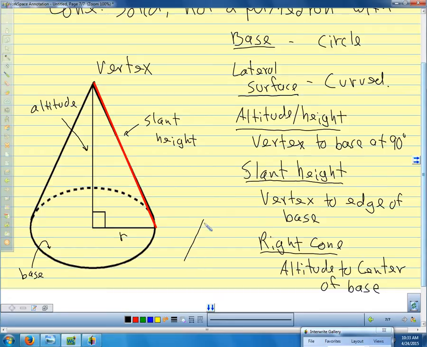And then here we have a cone with a base. You like that one?